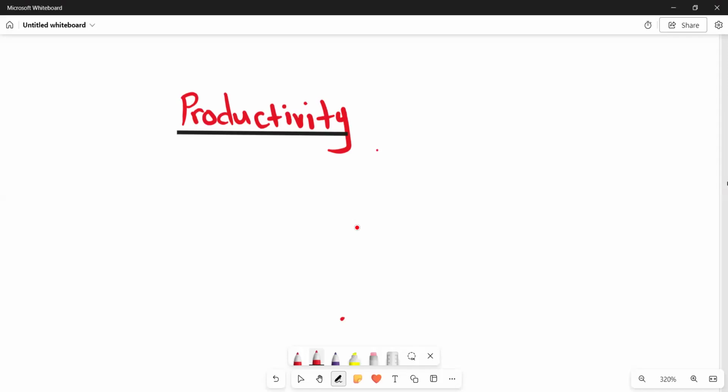So the relationship that exists between the input and output represents productivity. In general, on average, we are saying every single input, how much output is it producing? That represents labor productivity. If we talk about labor productivity, we are saying on average how many units are being produced by an individual worker.